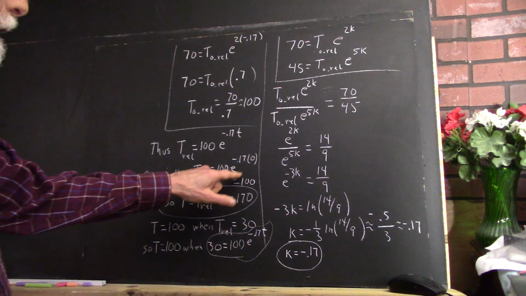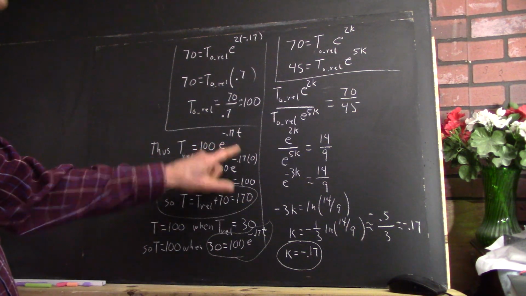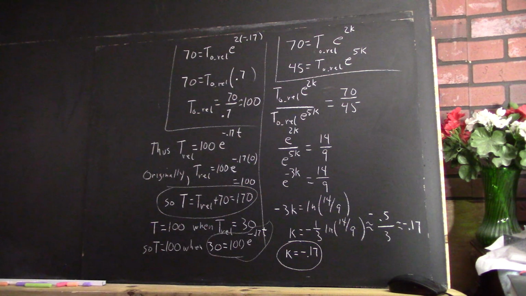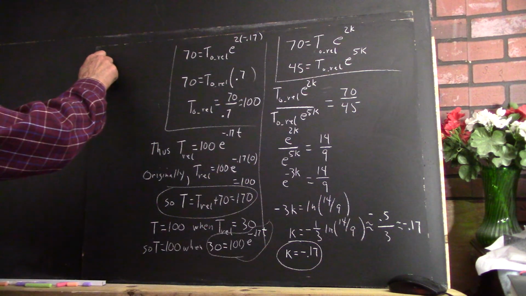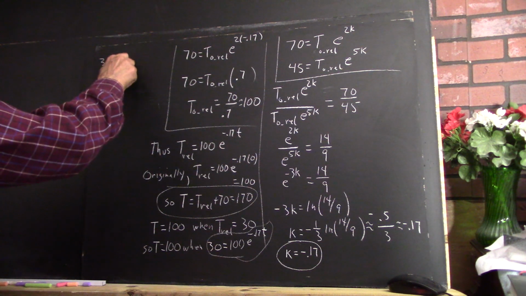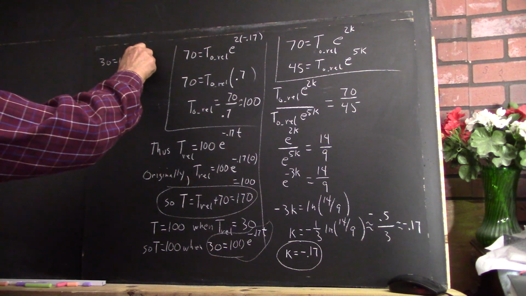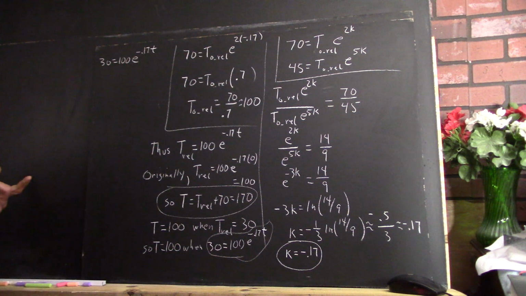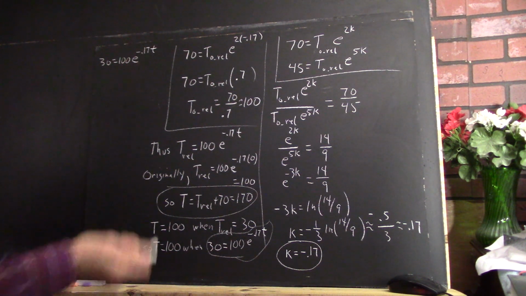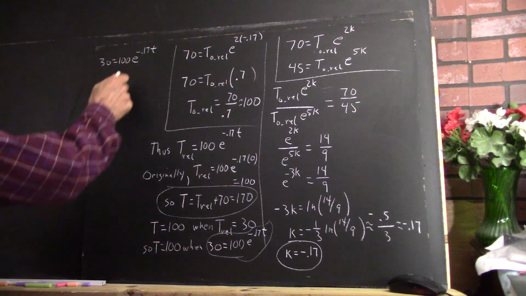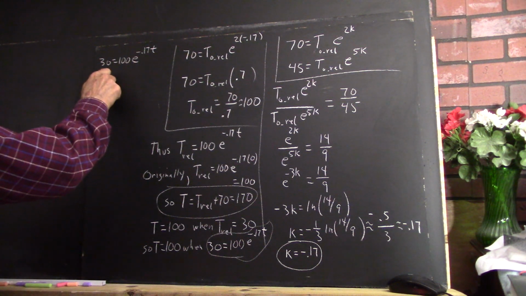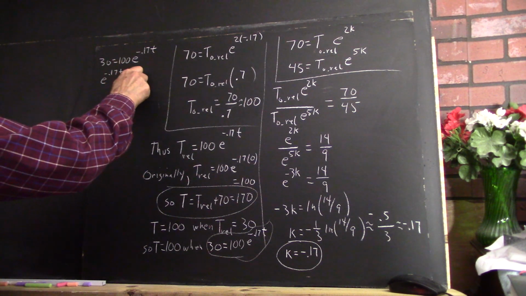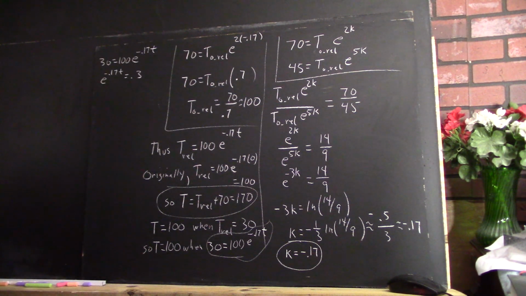Relative temperature is 100 e to the negative 0.17 t. So 30 equals 100 times e to the negative 0.17 t. Write that again. And now we just use the skills that we've developed in the first several sections of the chapter. We divide both sides by 100. We see e to the negative 0.17 t equals 30 divided by 100, which is 0.3.